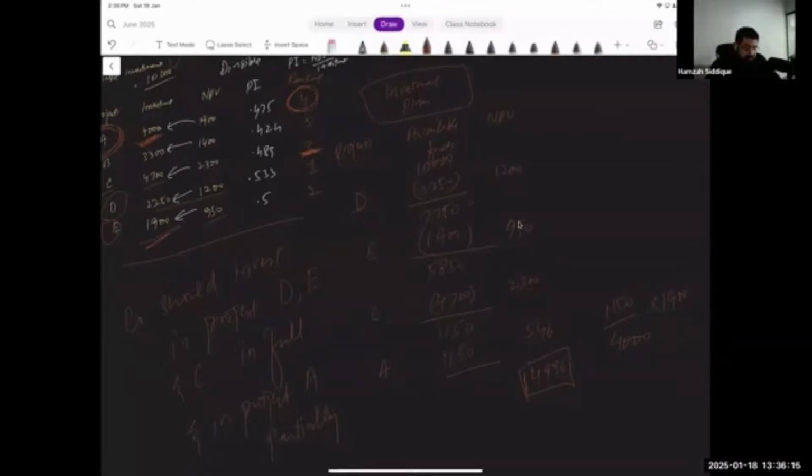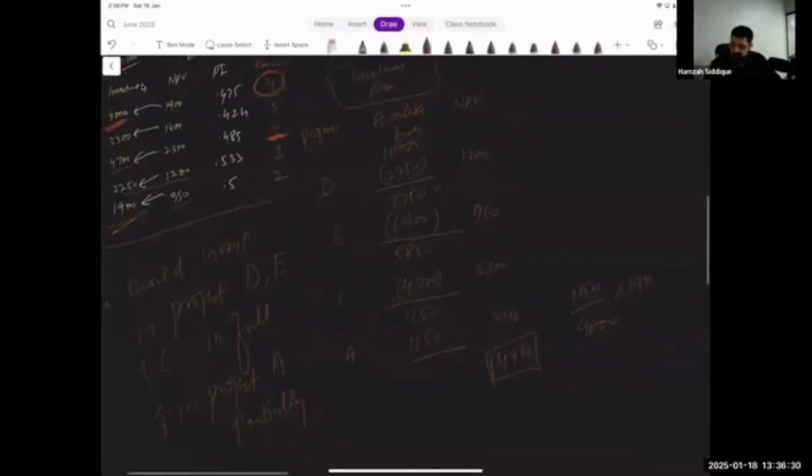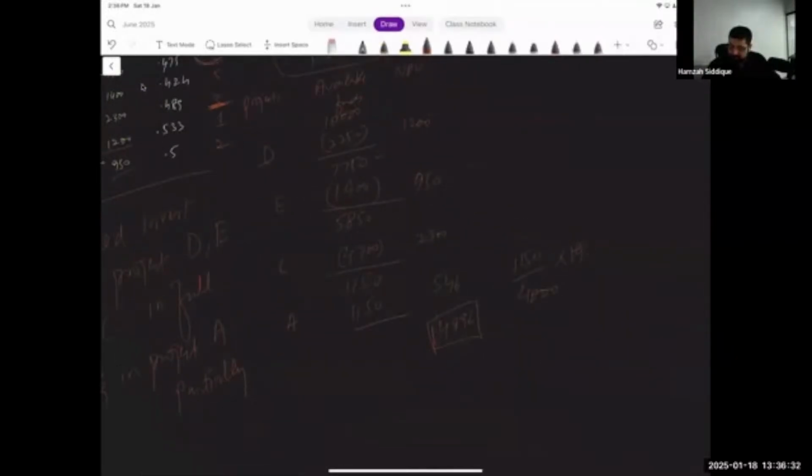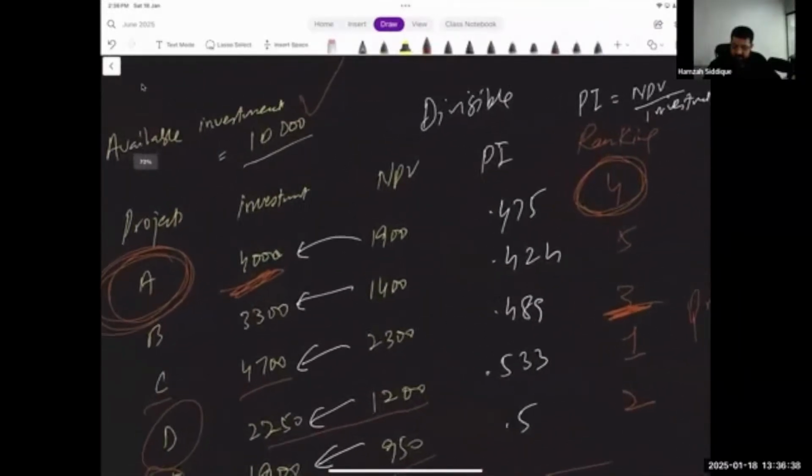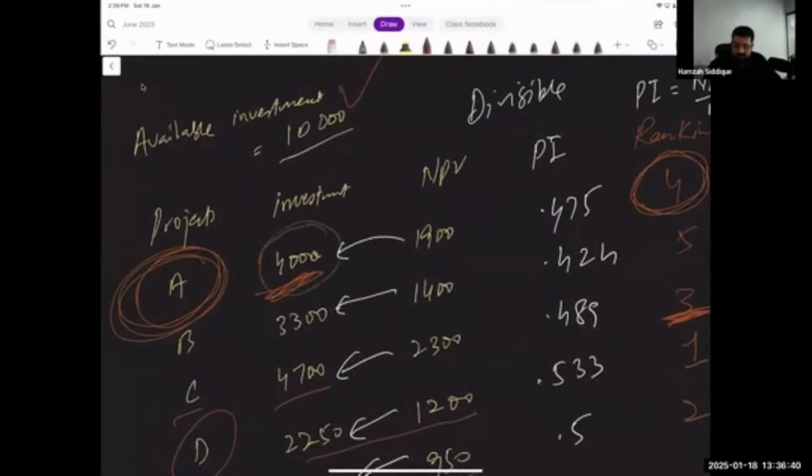This is when projects are divisible. Yes, how did I get 546? Once again, very good question. In project A, the total investment required is 4,000.